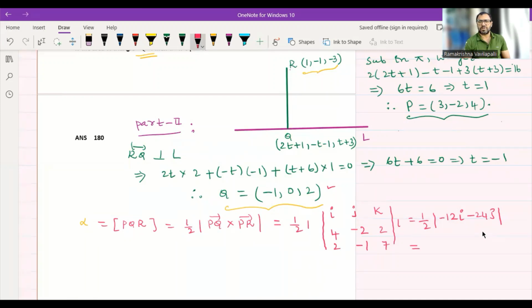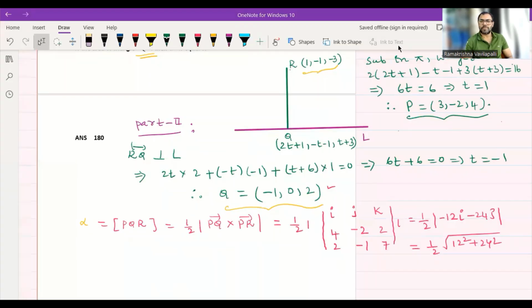So this is equal to half into root over 12 square plus 24 square. After simplification, you will get 1 by 2 of this value: 144 plus 576, that is 720 under root. This you will get root over 180.